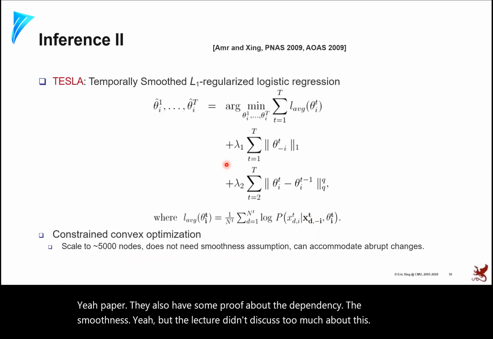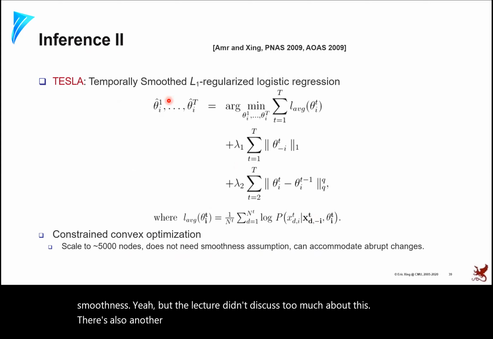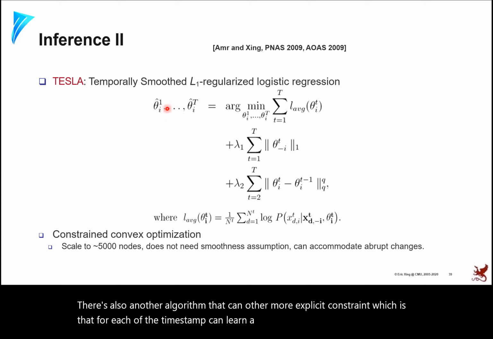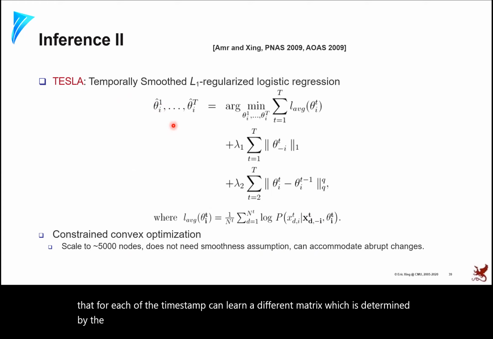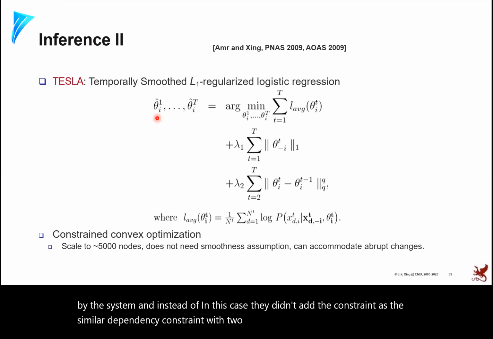There's also another algorithm that can add a more explicit constraint, which is that for each timestamp, they can learn a different matrix, which is determined by theta. In this case, they didn't add the similar-dependency constraint between two similar timestamps via sampling.